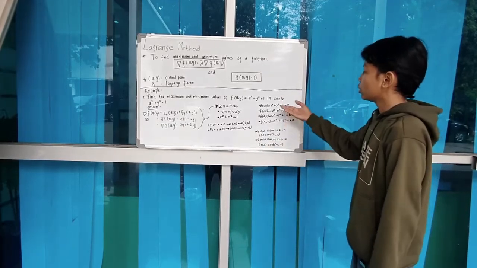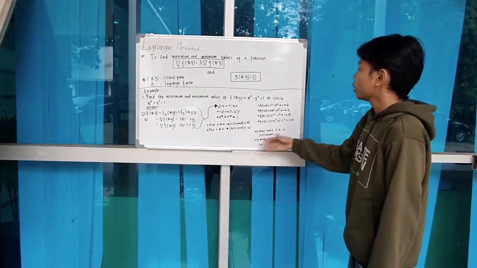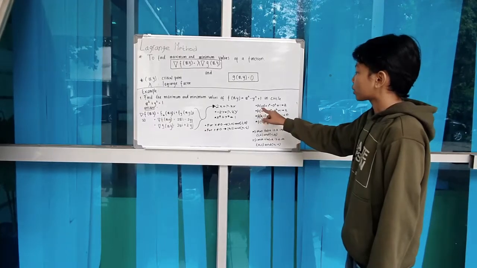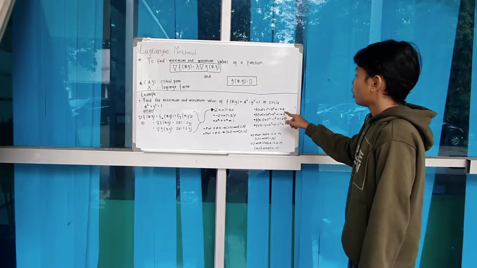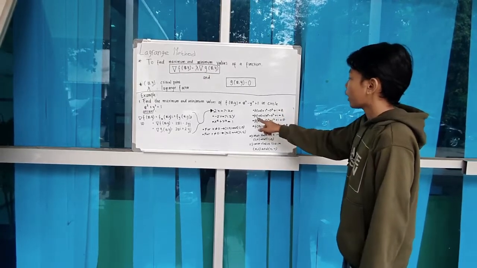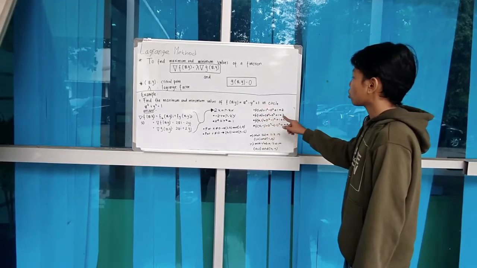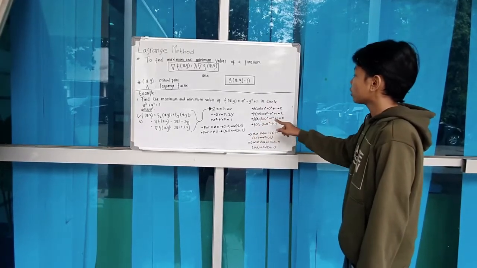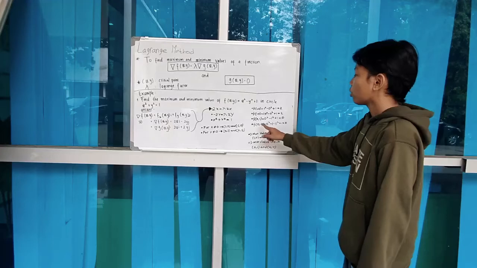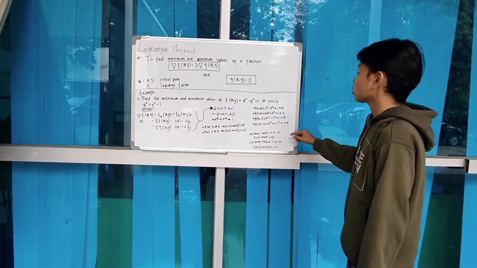Substitute to the function. For the function f(1, 0) is equal to 2, and f(minus 1, 0) is equal to 2. f(0, 1) is equal to 0, and f(0, minus 1) is equal to 0.